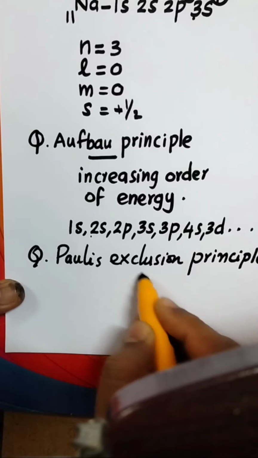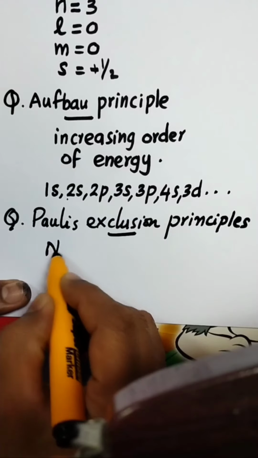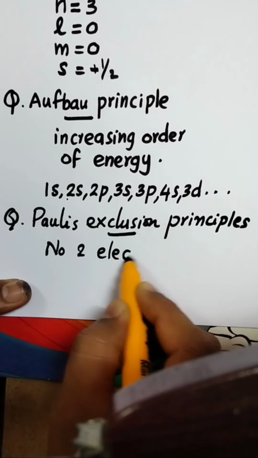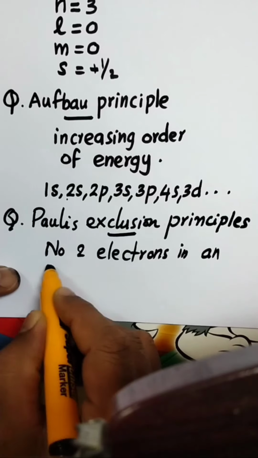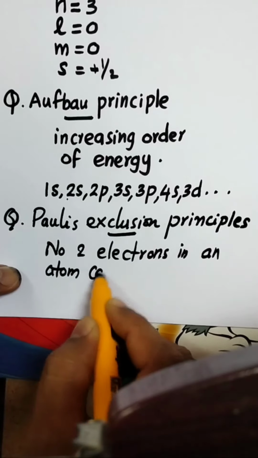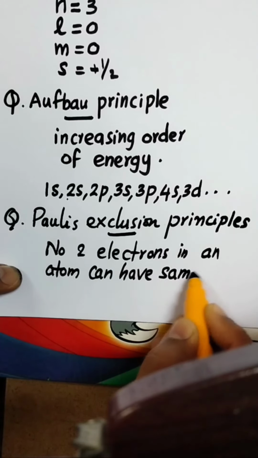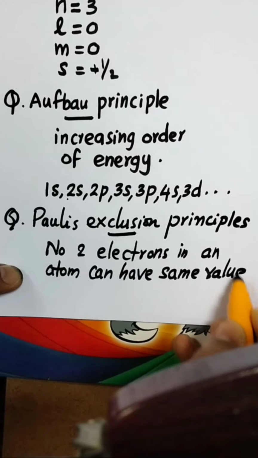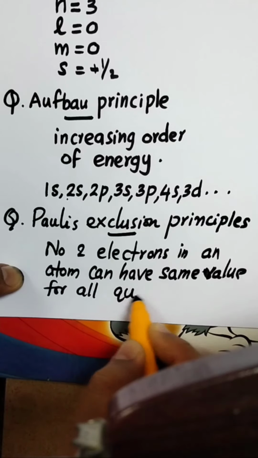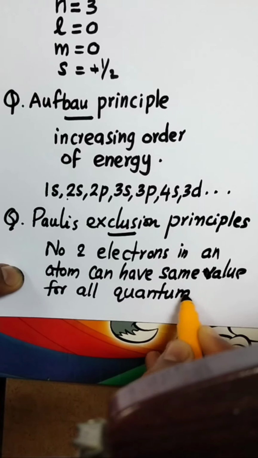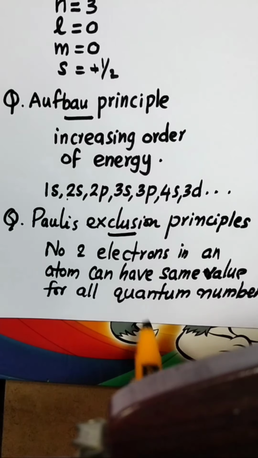The principle states that no two electrons in an atom can have the same value for all quantum numbers.